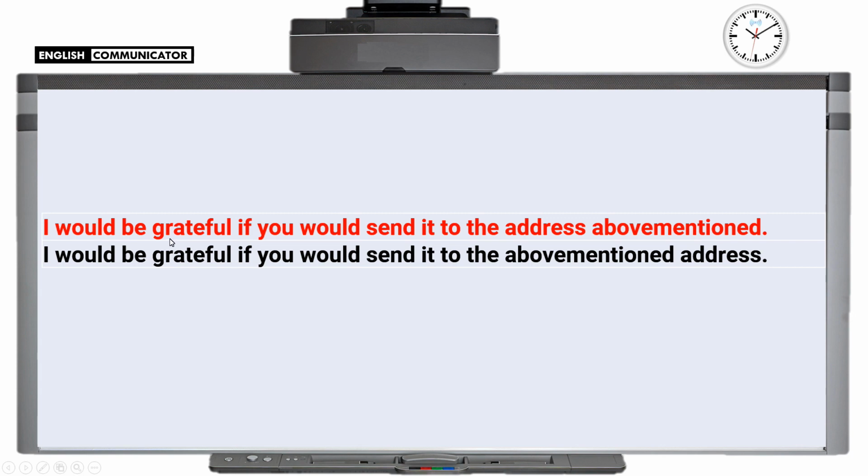Above mentioned comes first and then comes address. Understand? Above mentioned address, above mentioned topic, person, idea.